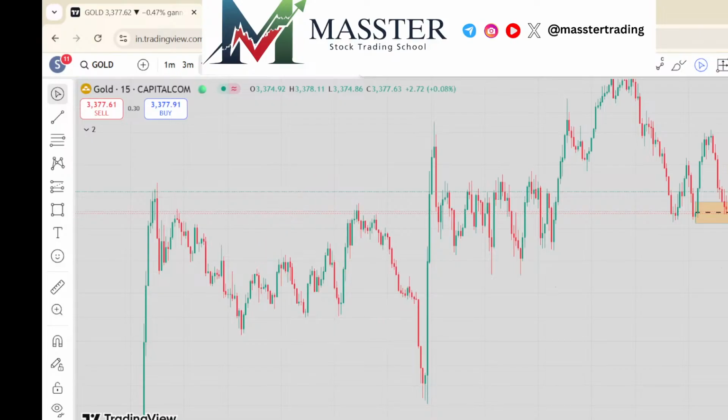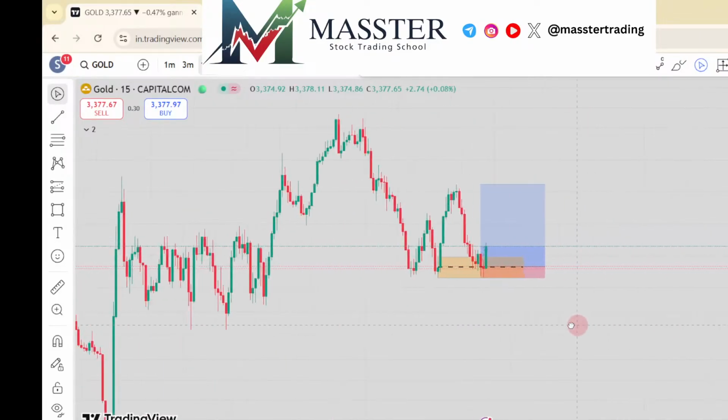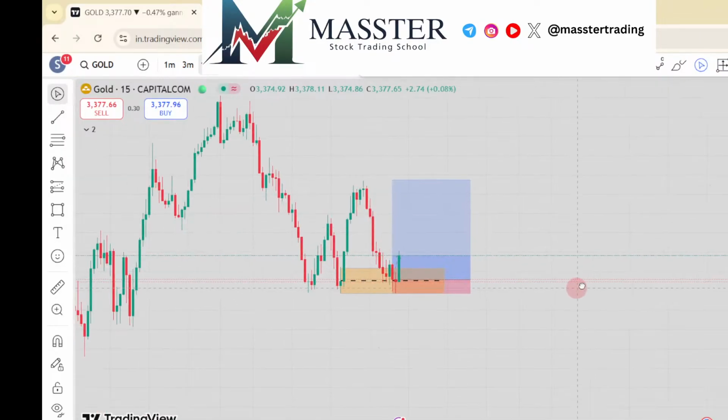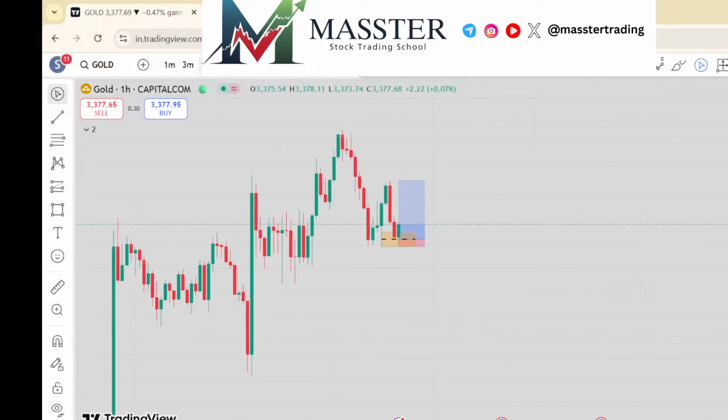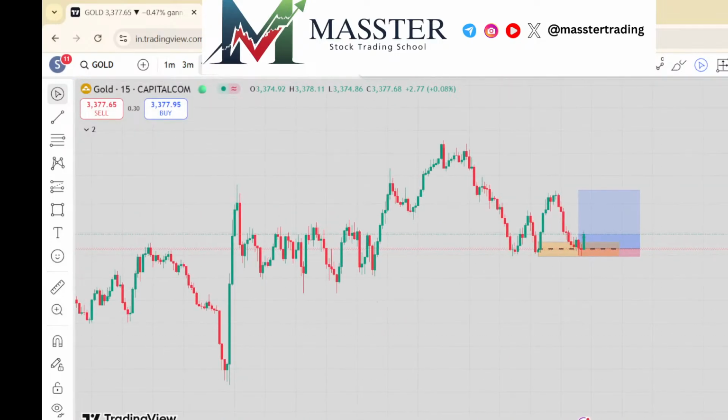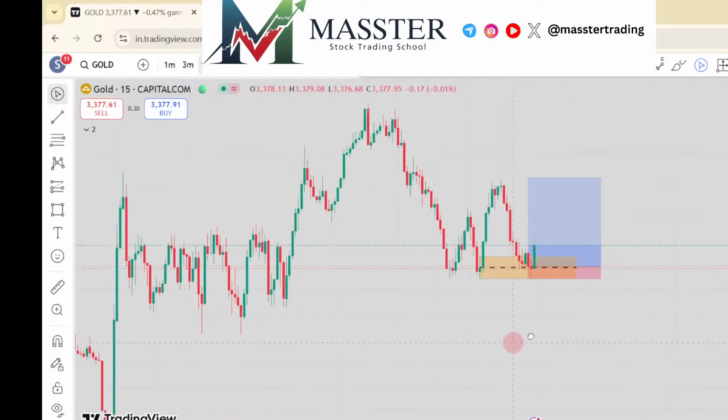So here we chose the time frame as per the 1 hour market structure, and then we shift to 15 minutes. If you can see, the market here is making a break of structure.